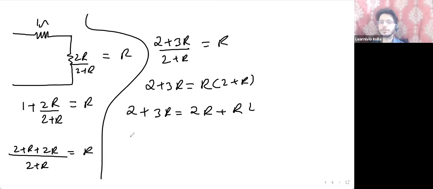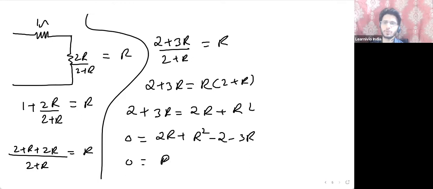Take it to the other side: 0 is R square minus R minus 2.